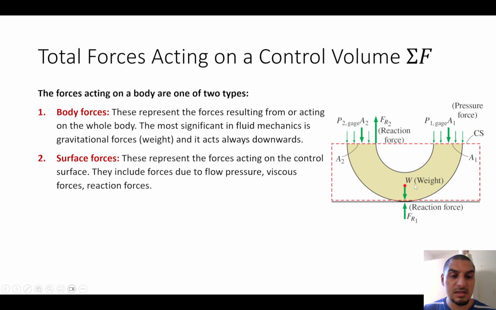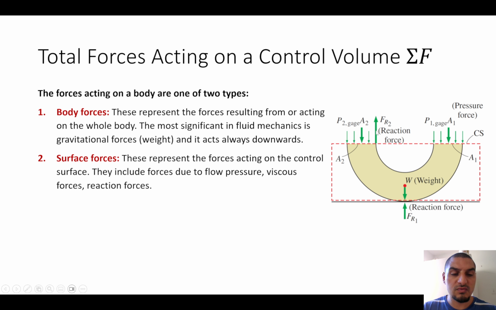For the reaction force, let's say the body we are interested in is sitting on the ground. Of course there is weight acting downward, and there is also a reaction force from the ground on the body, and that's why it doesn't penetrate the ground. The ground is acting with a force in the opposite direction. So this is what we call a reaction force. There will also be reaction forces if there is a hinge or a bolt holding this body.